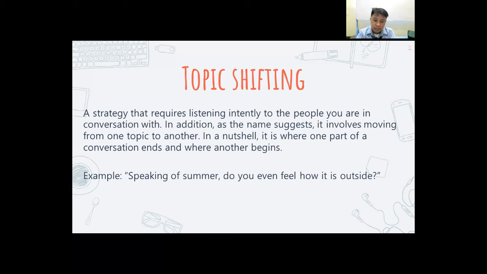You as a speaker are trying to create another topic, or reset or refresh the conversation, by choosing a certain point or idea of the previous topic to create a new one, to keep the interest levels of both parties constantly high. That is called topic shifting.